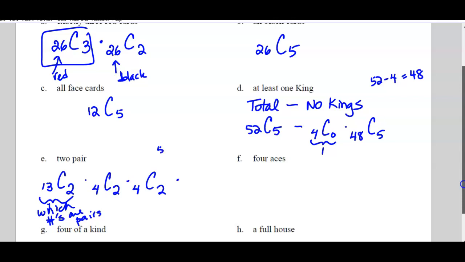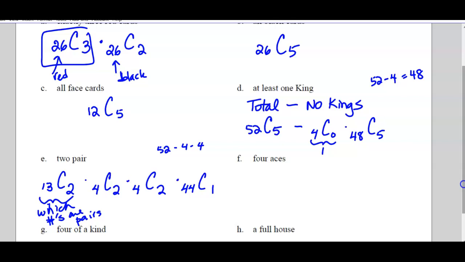So I have to go 52 minus 4 minus 4, which is 44. Choose 1. So that's harder. It takes a little bit of thinking to get through that one.